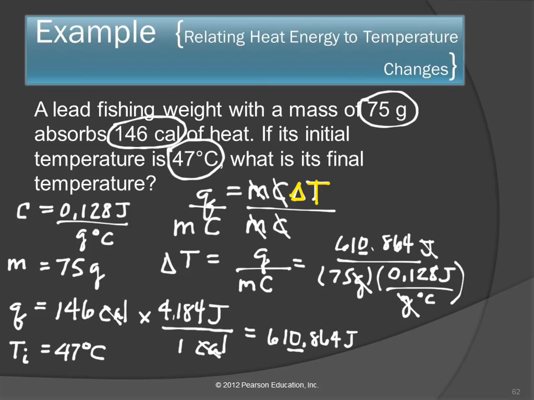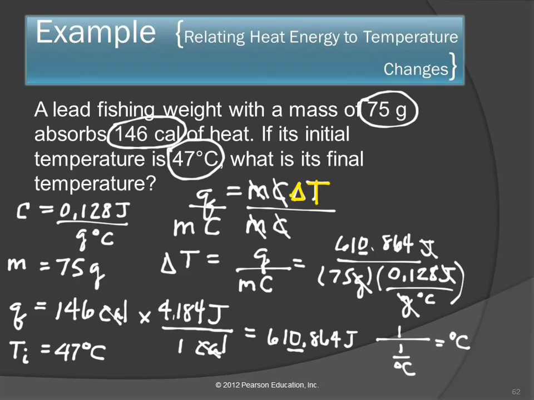Now, joules cancel out. So what unit do we have left? We have 1 over degree Celsius. So if we bring that up, we basically flip him over. That ends up being equal to degrees Celsius.